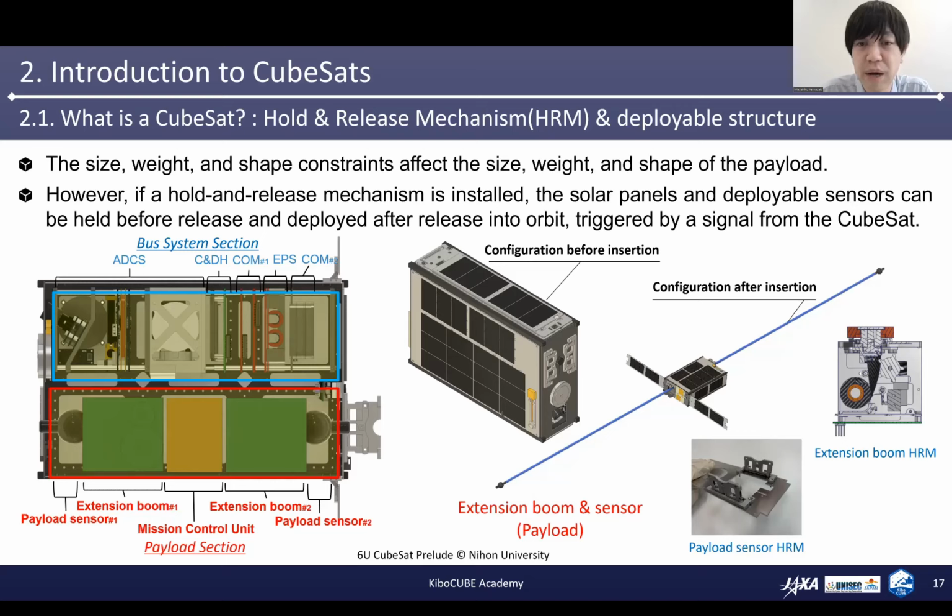However, if a hold release mechanism is installed, the solar panels and the sensors with an extension boom can be held before release and deployed after release into orbit, triggered by a signal from the CubeSat.